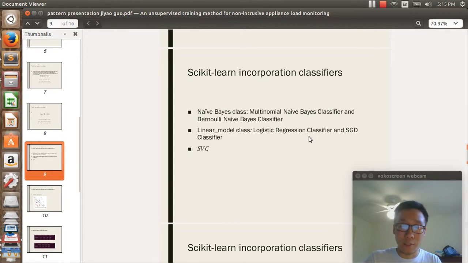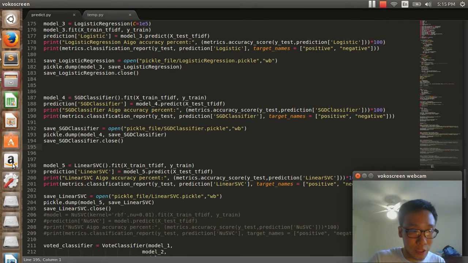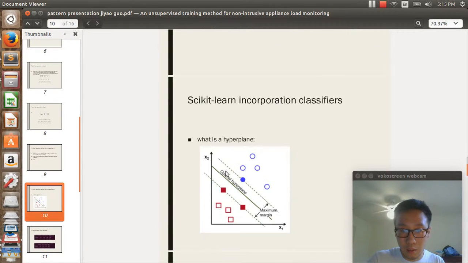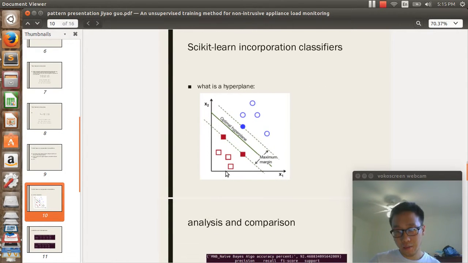And as I said, the last one is the support vector machine. So what's a support vector machine? The key concept in the support vector machine is the hyperplane. It's the ideal line between those two clusters. We could draw a bunch of lines between the two clusters to classify them, but how could we tell which line is the best?